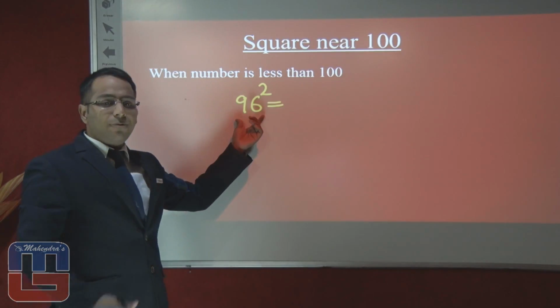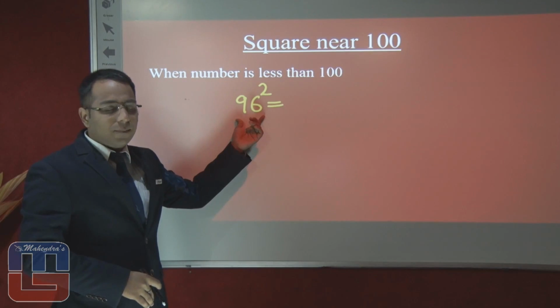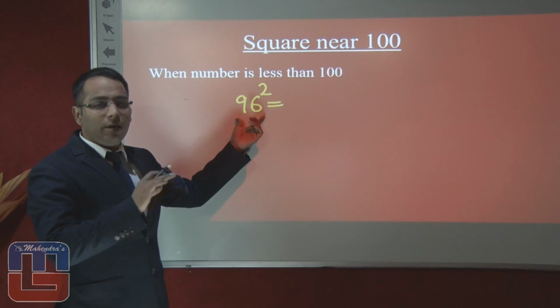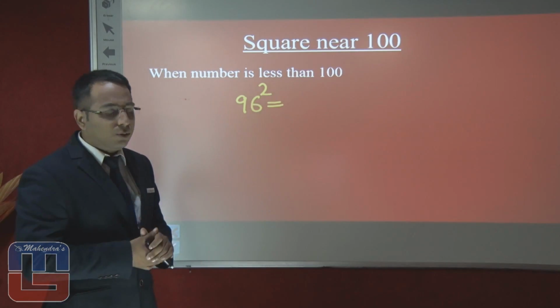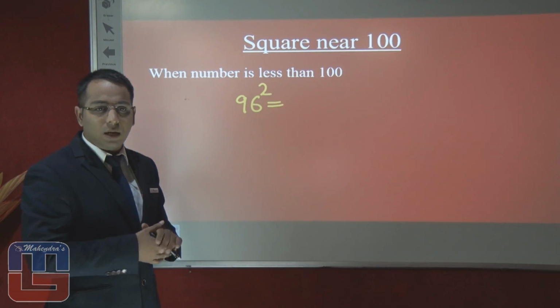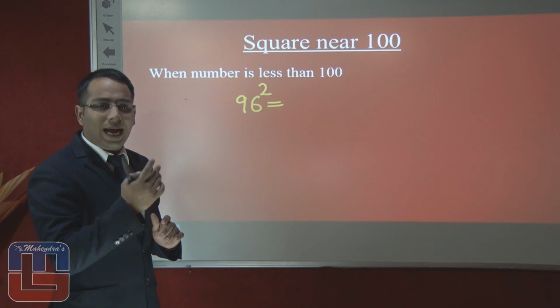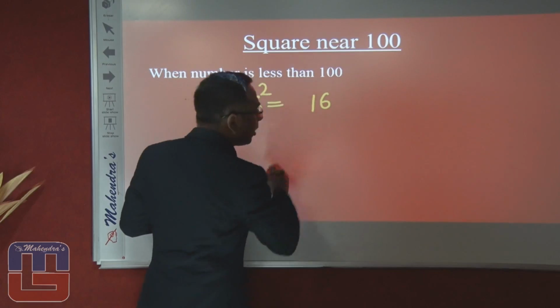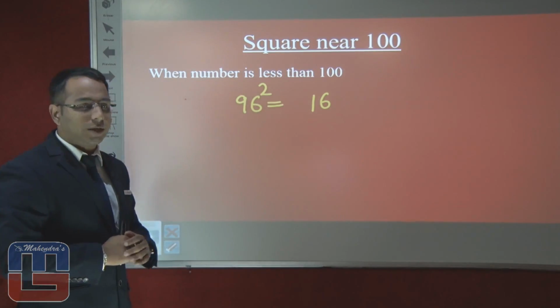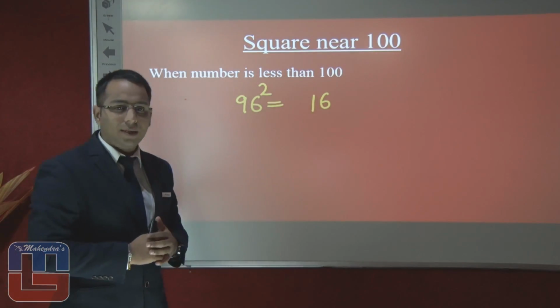We see by how much it is less than 100. Here it is less than 100 by 4, that is, 100 minus 96 is 4. So we put the square of 4 at the last two digits. 4 squared is 16.